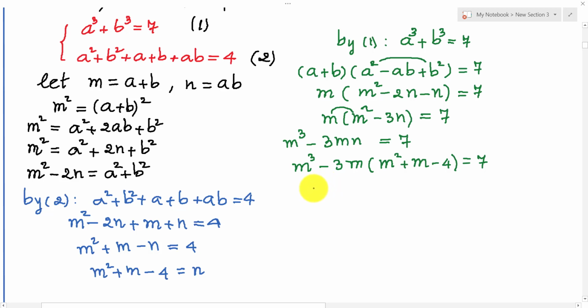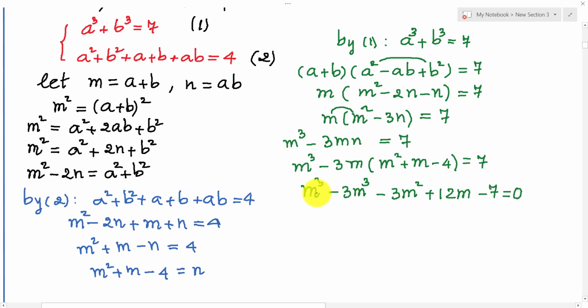Now we multiply in. I get m^3 - 3m^3 - 3m^2 + 12m. Moving 7 from the right side to the left side, we get -7 = 0.